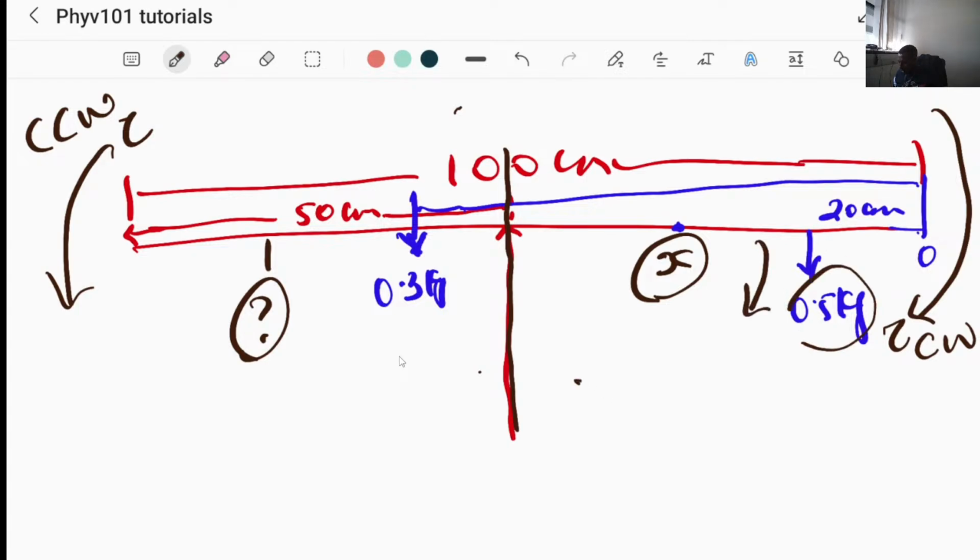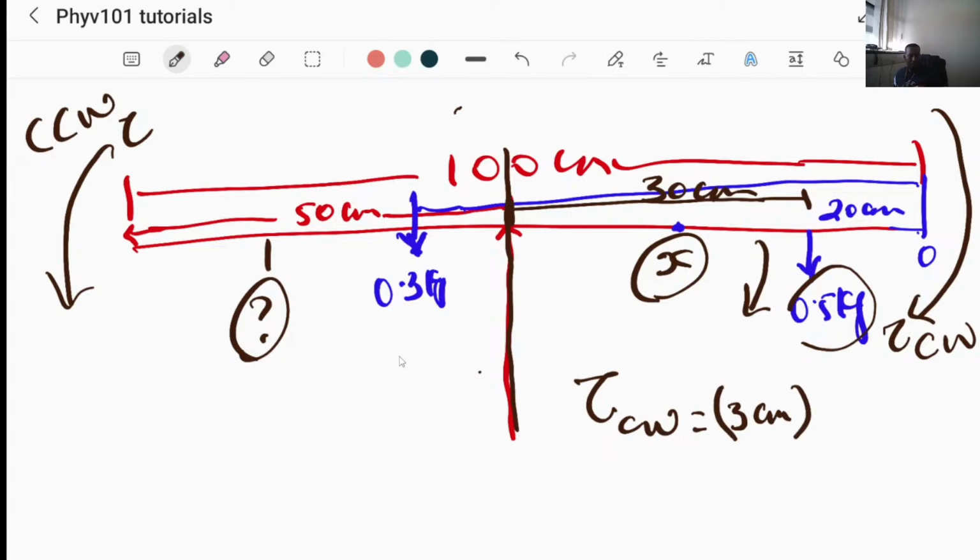Then I will say tau clockwise must be the distance of the object from the axis of rotation, in this case from here all the way to here, which is, if this is 20 centimeters, this should be 30 centimeters. Therefore, I will say the magnitude is 30 centimeters. Don't worry about that centimeter, because it's going to be the same on the other side, times the magnitude of the force.